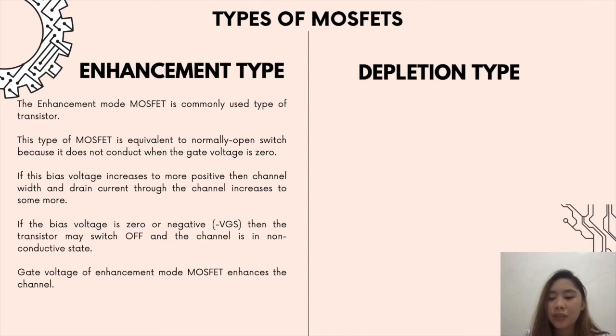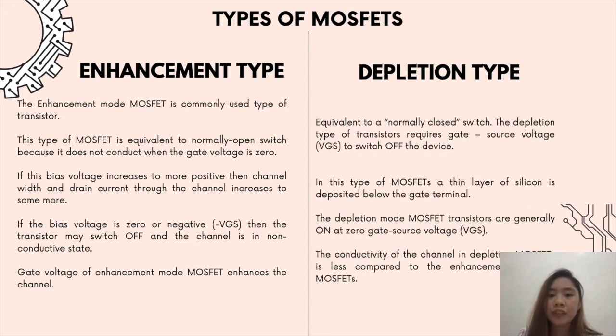If the bias voltage increases to more positive, then the channel width and drain current through the channel increase some more. But if the bias voltage is 0 or negative, then the transistor may switch off and the channel is in a non-conductive state. So, now we can say that the gate voltage in enhancement mode MOSFET enhances the channel.